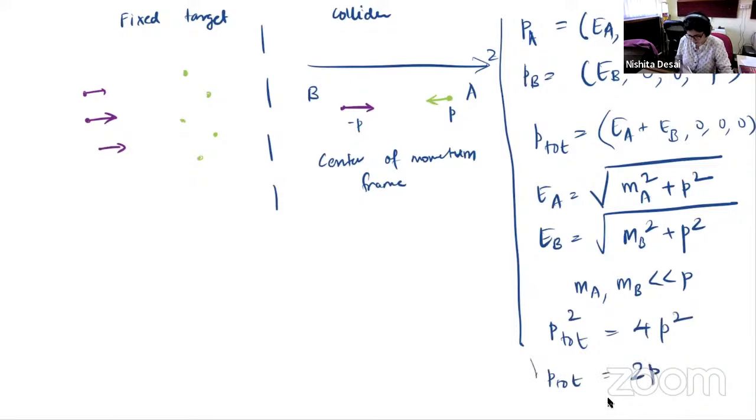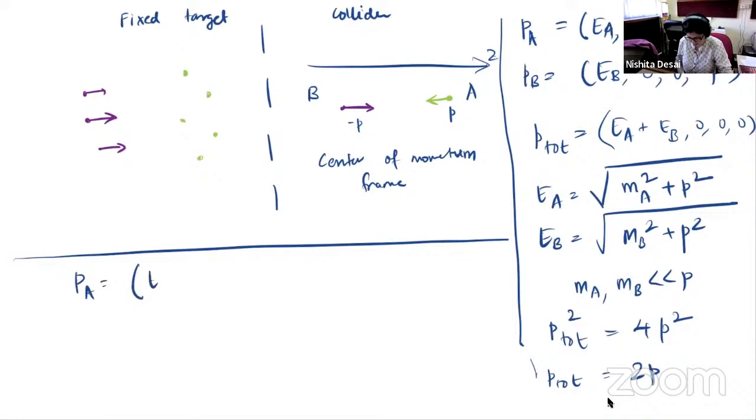Whereas if you had a fixed target experiment, then you would have E_A the same as before, and P_B would simply be (m_B, 0, 0, 0).